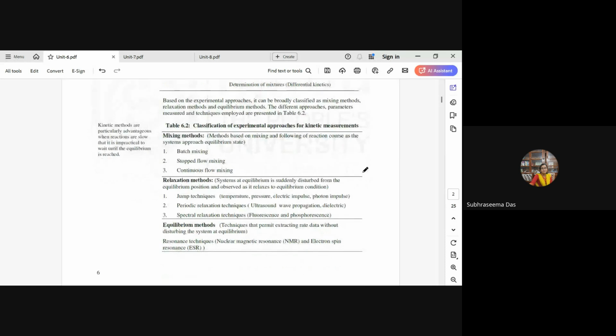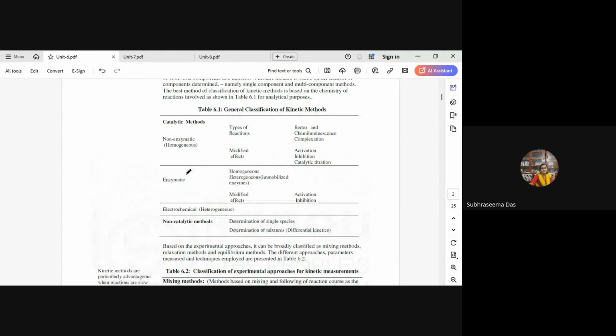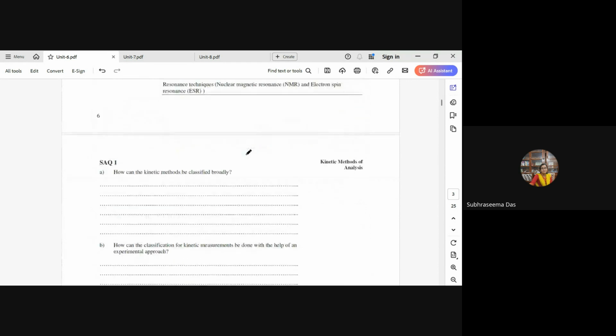We also have relaxation methods, which include the jump techniques, the periodic relaxation techniques, and spectral relaxation techniques like fluorescence and phosphorescence. And there are also equilibrium methods, techniques that permit the calculation of rate without disturbing the system at equilibrium, such as NMR and ESR. So, in a broader sense, we just saw the classification of kinetic methods in table 6.1 and table 6.2.